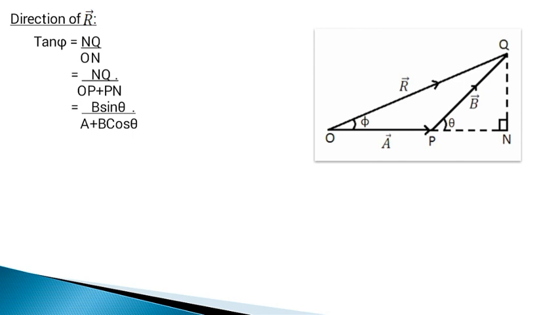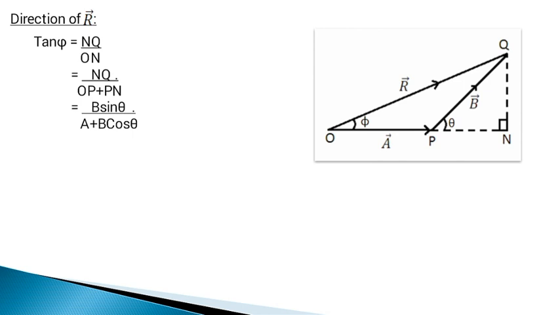We have ON equals OP plus PN, and substituting our previous results in this equation, we have in place of NQ B sin theta, in place of OP A, and in place of PN we have B cos theta. So tan phi equals B sin theta over A plus B cos theta.